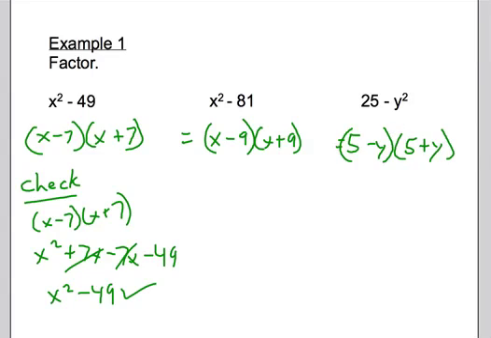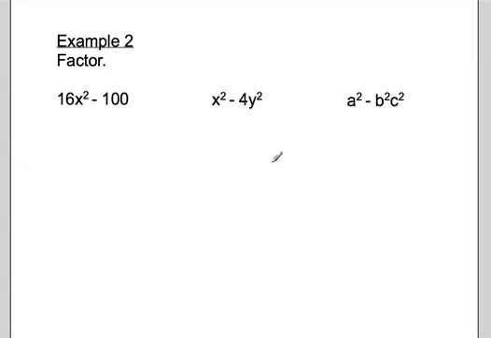Okay, in the next couple of examples, it's the same deal. We've got difference of squares. Okay, so 16x squared, well, that's just 4x squared. You get the square root of 16x squared, you get 4x. And the square root of 100 is 10.